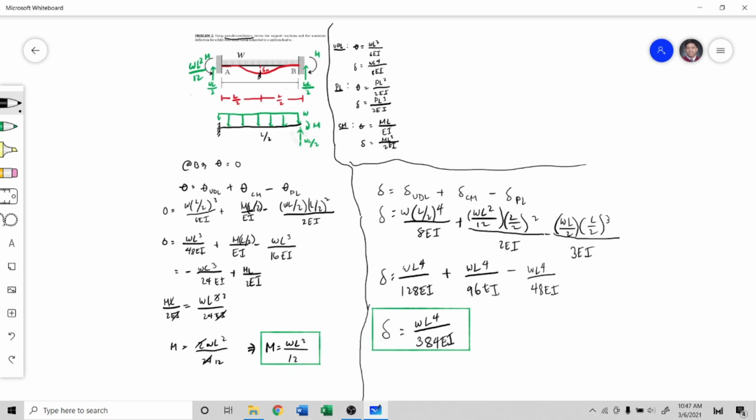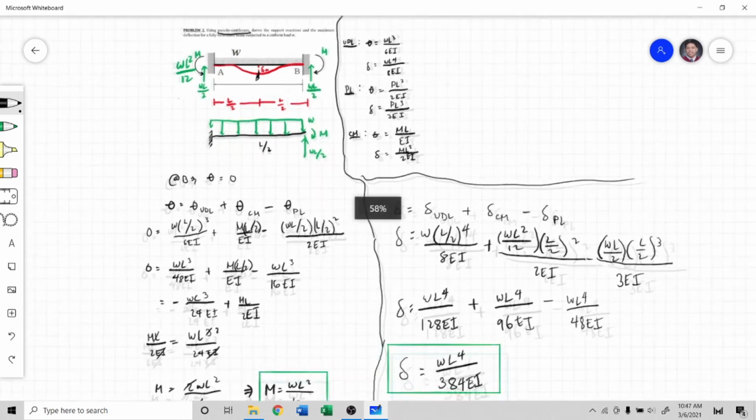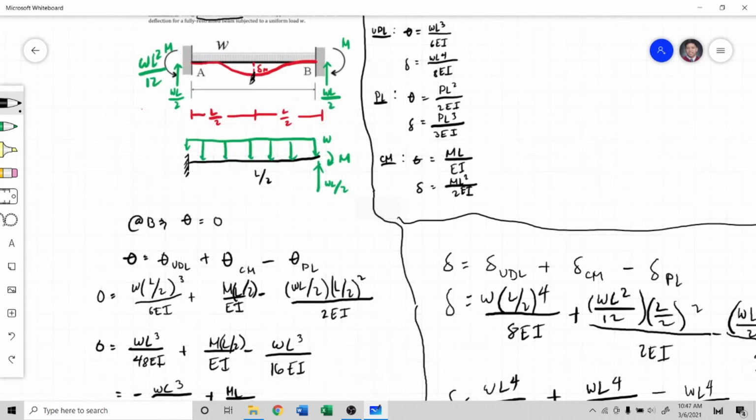Now, you might want to ask, no, bakit hindi delta yung ginamit natin, no? Or hindi natin in-equate to 0 yung summation natin ng delta. Pero fixed support naman ito, no? So, tinitingnan talaga natin dyan is yung reference nung point na ito, nung point B, no?